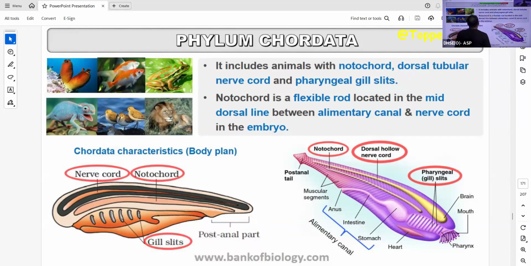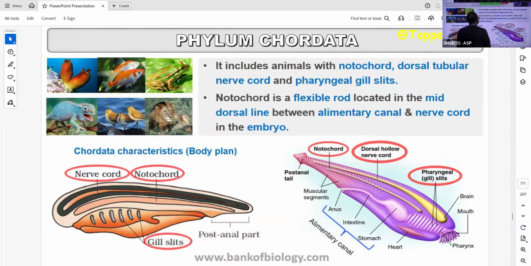Now, when we characterize or classify the organisms as non-chordates or chordates, it is based upon certain characteristics or features.